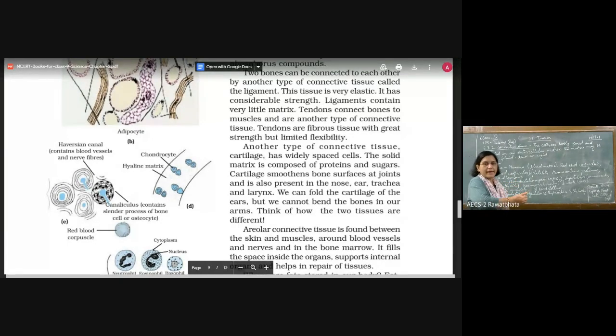If I keep it this way, it is forming an L shape. In this L shape, one bone is connected to another bone with the help of ligament. It's a favorite question of 2 marks, asked n number of times in the examination. I repeat again, this shape of the hand indicates L shape.